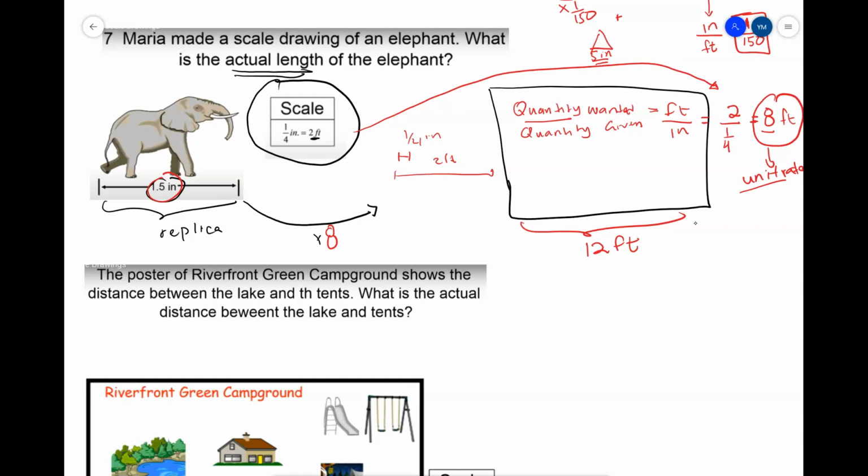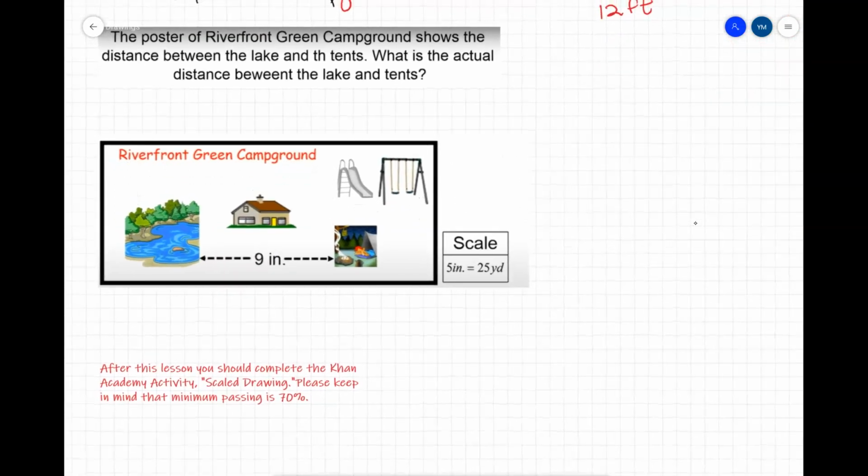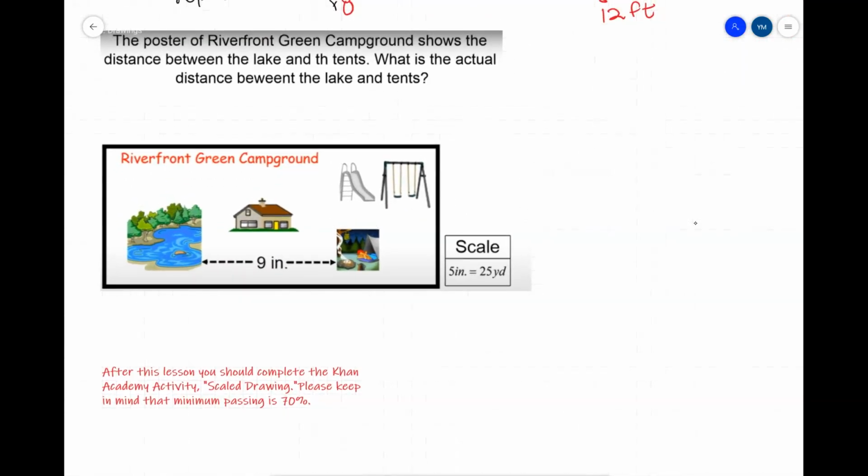Okay, now I hope you got some practice. Now let's do one more problem. So if you want to go back, rewind this problem one more time, understand how to set up the ratio, feel free to do it. Don't rush through it. And if you want, you could pause the video right now.